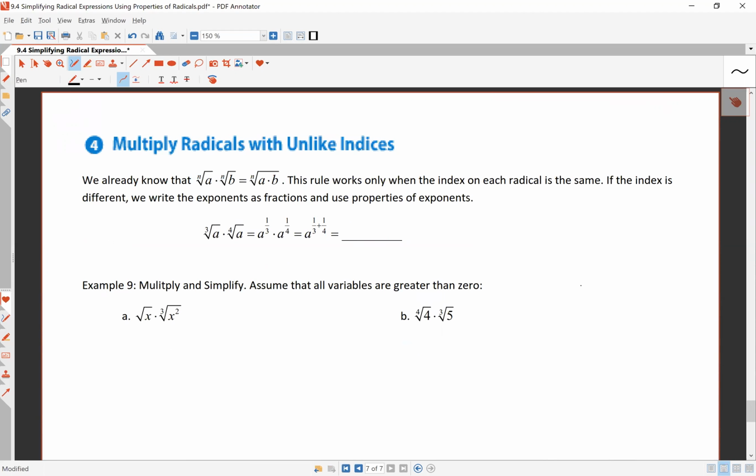So cube root of a times the fourth root of a, we cannot write that as a single radical until we write it as a to the 1/3 times a to the 1/4. Cube roots are exponents of 1/3. Fourth roots are exponents of 1/4. Properties of exponents say to add the exponents. 1/3 plus 1/4 is 7/12.